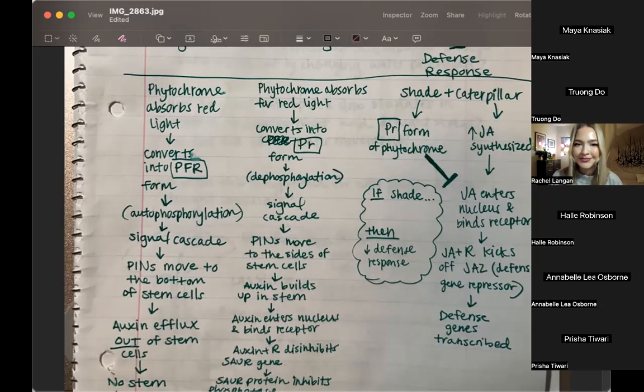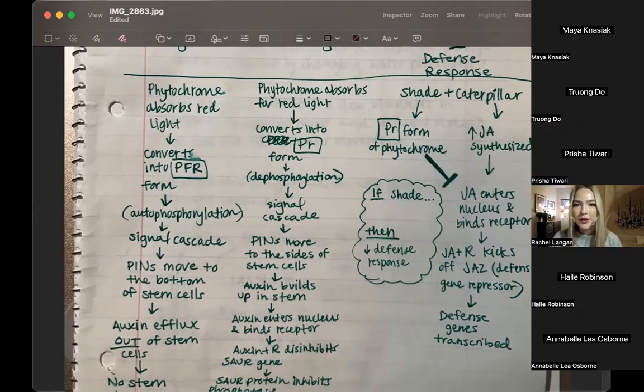I'm just wondering if we're supposed to know how the JA is synthesized and also how the PR interferes with that. Are we supposed to know the exact mechanism of it? No, you should just know that in response to herbivory, JA gets made, and what you do need to know is what JA normally does, which is it kicks off JAZ.